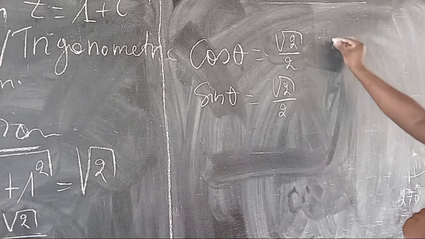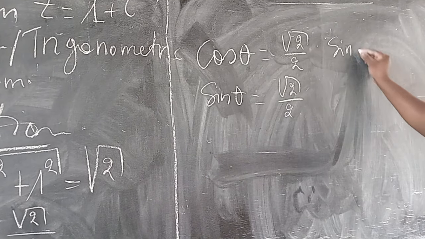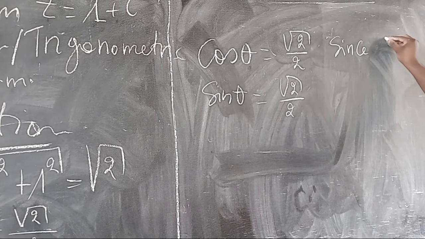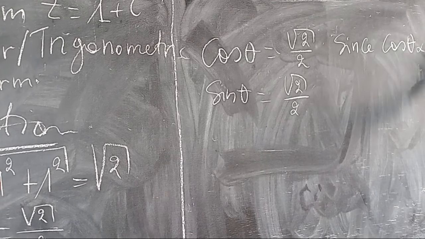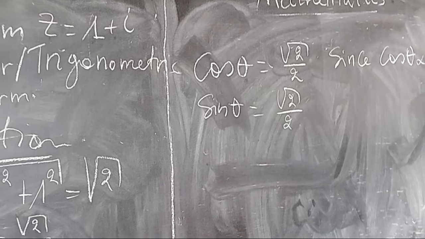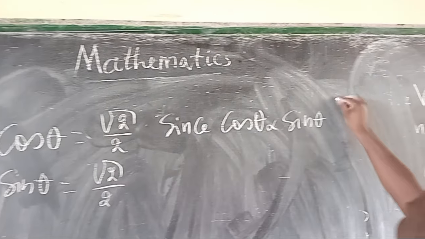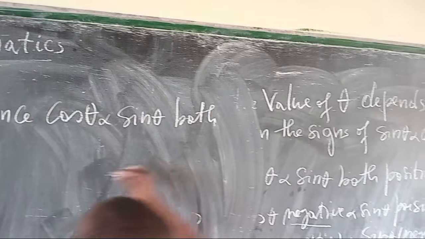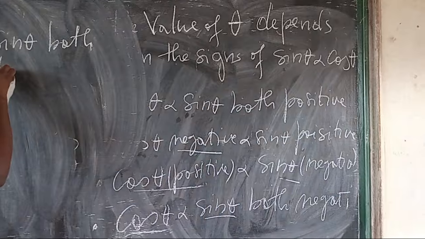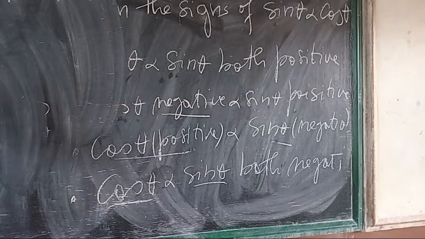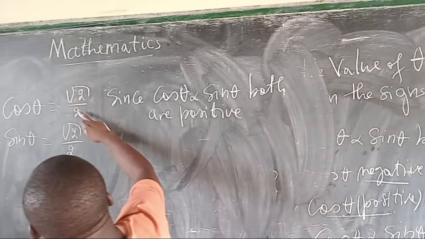Since the cosine of angle theta and the sine of that angle theta both are positive. Positive value: cosine of an angle theta equal to square root of 2 out of 2.